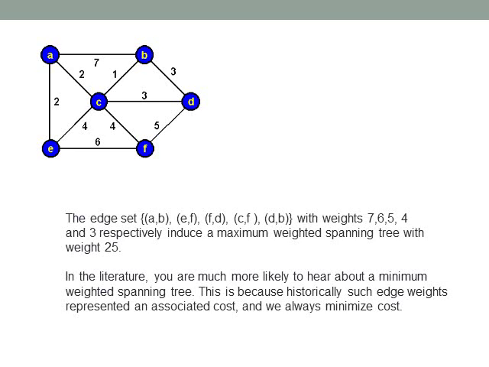Now, I mentioned that typically in the literature, it's the minimum weighted spanning tree, because in the original application of this, the weights indicated a cost. And of course, we always want minimum cost. But in our application, we might want a maximum interaction or some other thing, so it's equally applicable for maximum as well as minimum.